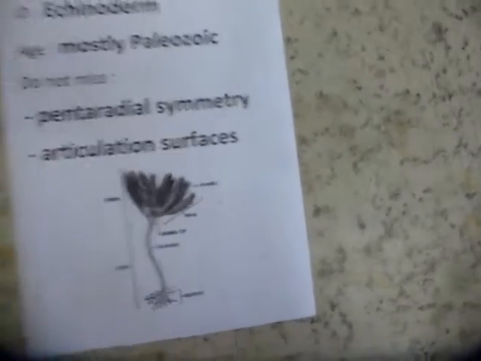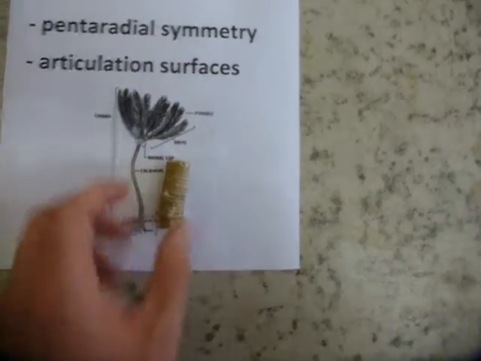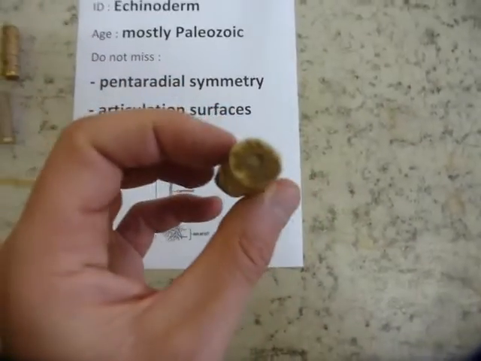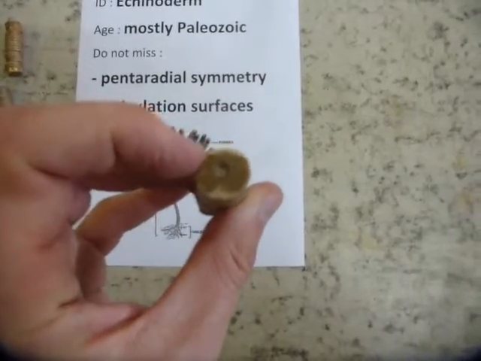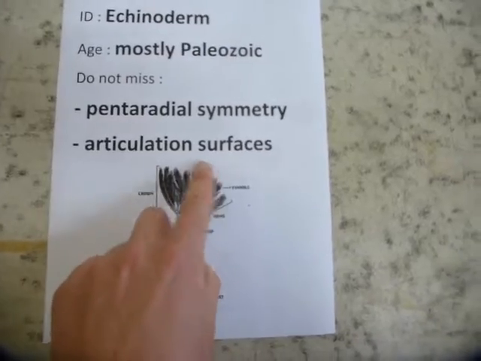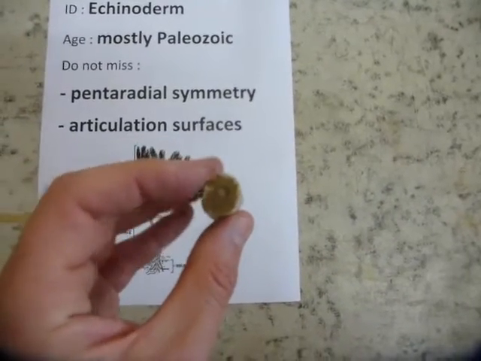It's not easy to see the pentaradial symmetry. What you're looking at now is a piece of the stalk. You can see on the surface, it has little ribs, and these ribs are the articulation surface of each element of the stalk.